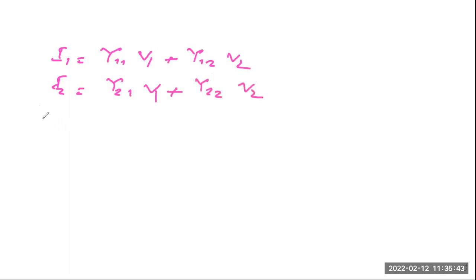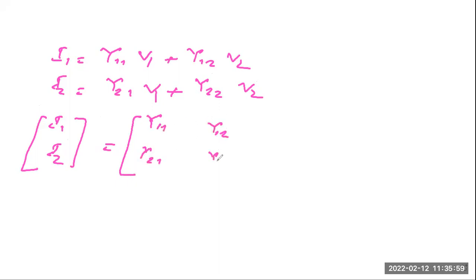If we want to write this in matrix form, this will be I1, I2, and then your Y matrix parameter will be Y11, Y12, Y21, Y22, and then this will be your V1 and V2. Now we need to calculate these parameters: Y11, Y12, Y21, and Y22.